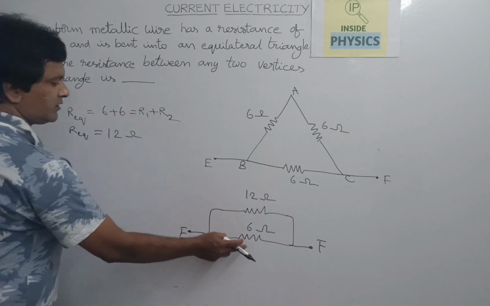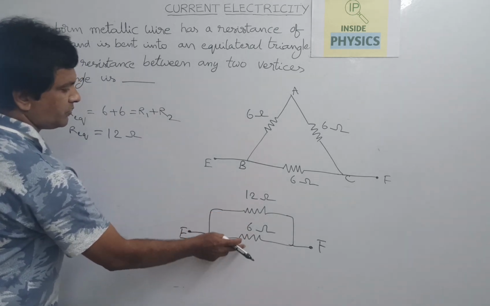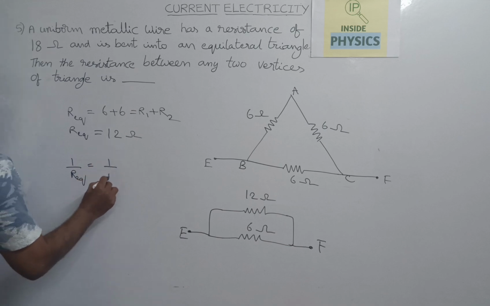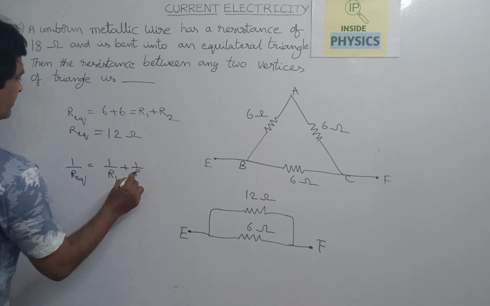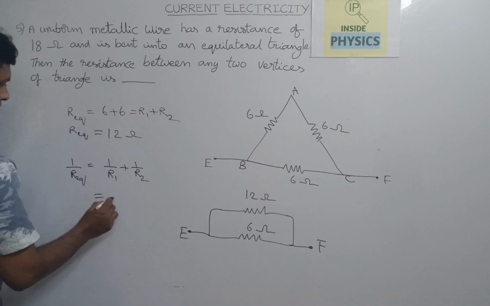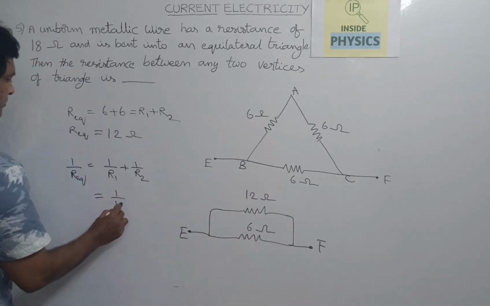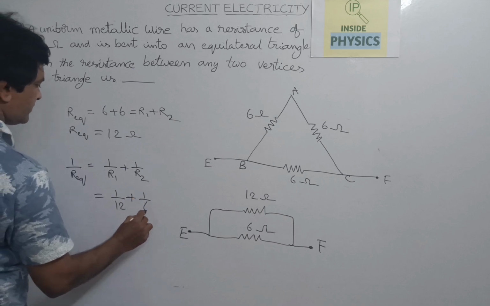If you observe this circuit, these two are in parallel. So R equivalent for parallelly connected resistors, we can write as 1 by R equivalent is equal to 1 by R1 plus 1 by R2. Here you consider R1 as 12 and R2 as 6. Here 1 by 12 plus 1 by 6.